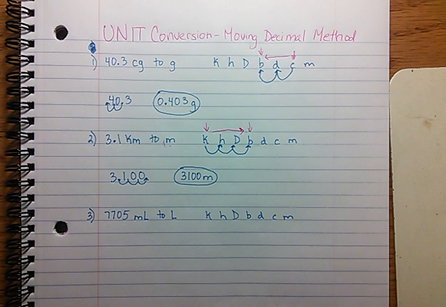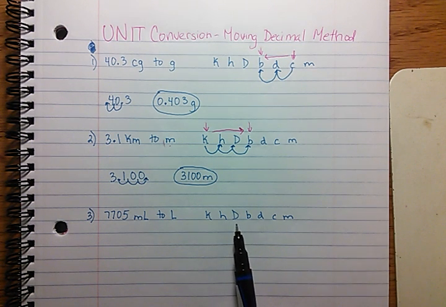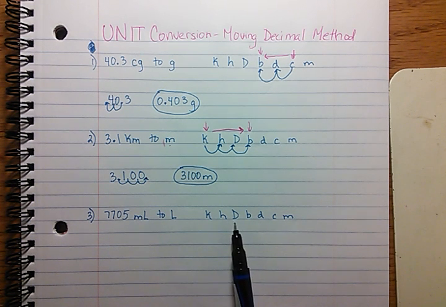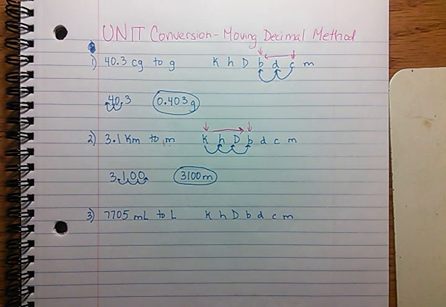By the way, anyone remember why this D is capitalized, but this D is not? Well, this D stands for deca, and this D stands for deci. D is our abbreviation for deca, capital D. I would like you to pause the video here to try this problem.